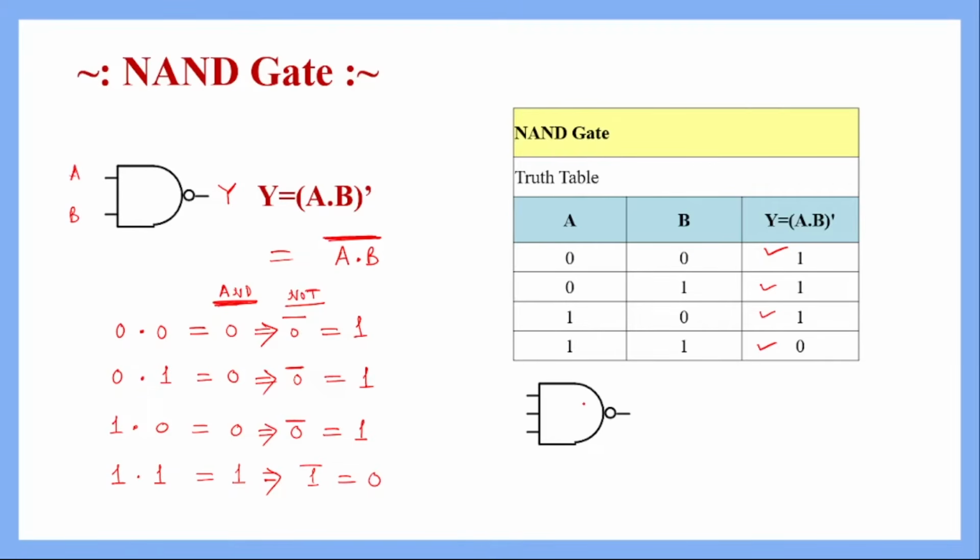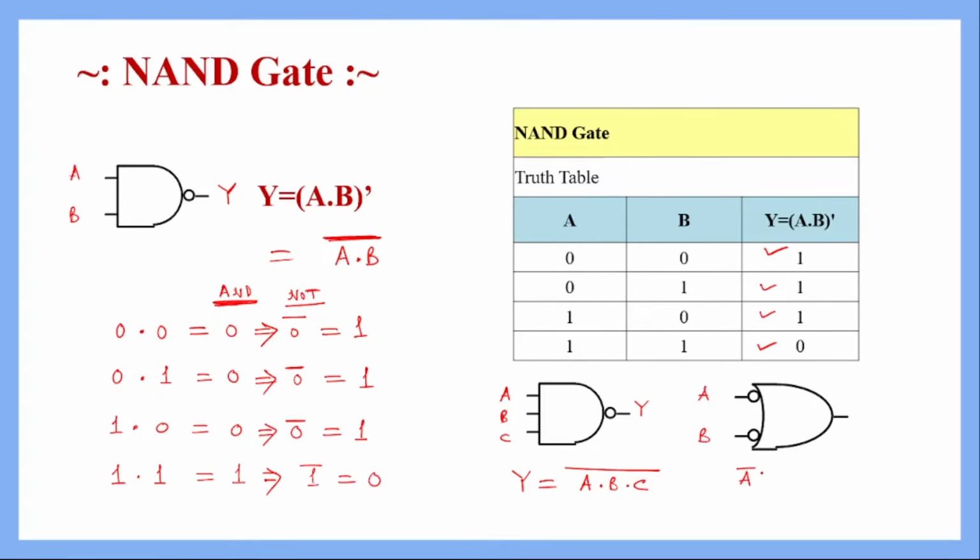And this is the symbol of 3 input NAND gate, A, B, C, and here we can write Y. So here Y will be basically A and B and C, and then the complement of that. And this is the circuit symbol of again NAND gate, where we can see apparently it looks like OR gate, and we have two complemented inputs. So here if the inputs are A, B, at the input side we have the complemented form.